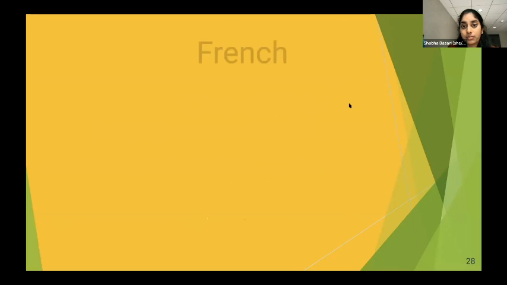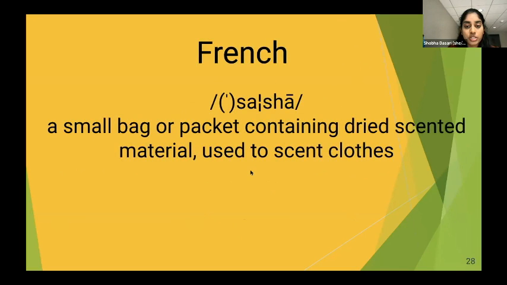All right, this one, lots of French examples. I think, yeah, this is actually our last one. So this is pronounced sachet, and it has that A sound at the end of a word. So lots of different ways you could try to spell that. And this is a small bag or packet containing dried scented material used to scent clothes.